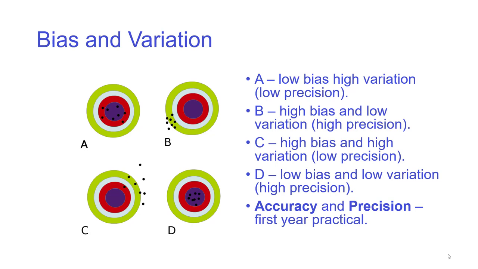Now you can actually deal with the case of B. That means you've got high precision, but you're not in the right place. That's called a systematic error. If you can identify the systematic error by some kind of calibration, then you can move all your data to the correct place.